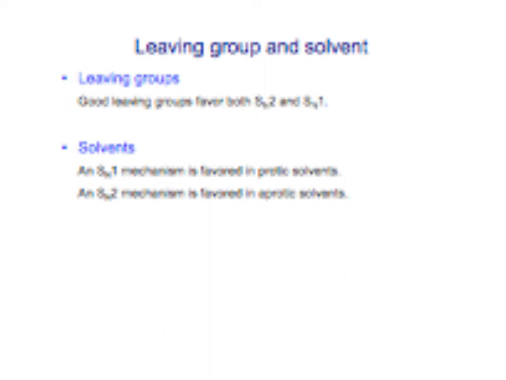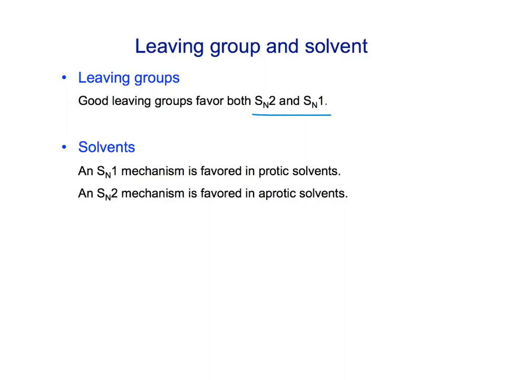Any good leaving group will favor both SN2 and SN1 mechanisms. And so this really doesn't help us much in trying to discern which mechanism is taking place. Solvents are a little bit better, but this is really more of a supporting issue rather than one that will determine the mechanism.